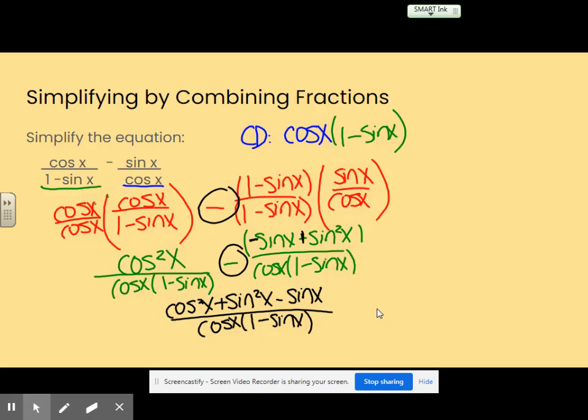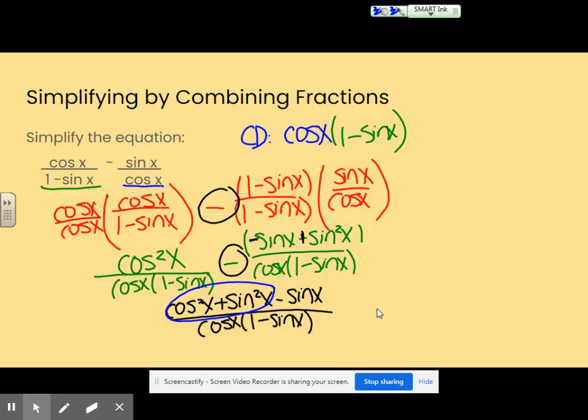Now, remember how earlier I was saying that if there's ever a time that I have a trig function squared, I should be a little bit suspicious to see, can I use a Pythagorean identity? If I ever have a cosine squared x plus a sine squared x, that is the biggest warning bell that I'm probably, not always, going to use a Pythagorean identity, because I think that the number 1 is a little bit more simple than writing cosine squared x plus sine squared x.